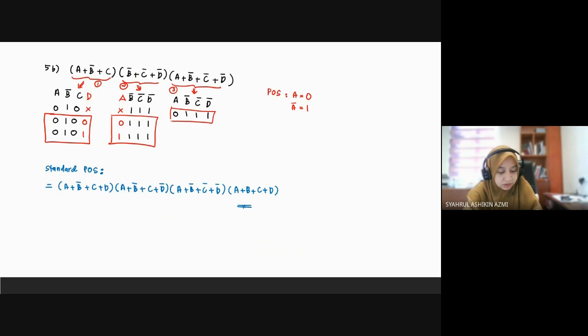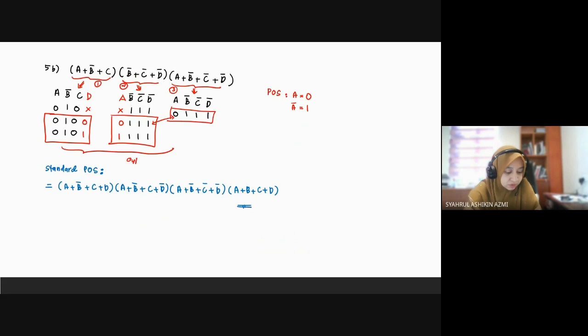Okay, so note that here is 0111, which is similar to this one, right? So you can just consider either one for the output if you want to write it up in the truth table. Right. So from here, we know that the output will be equal to 0 for all of those in this box here.